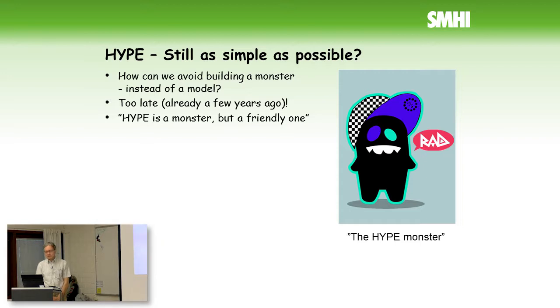It's already a monster. But the consensus was that it was a friendly monster. So I found the HYPE monster on the web. It's really huge, and I don't know how Lotta is able to put in any more features in the model, but every time we come with some new additions, she puts them in. And it still works. And the interesting thing is that with every new version, it even runs faster than the old one.